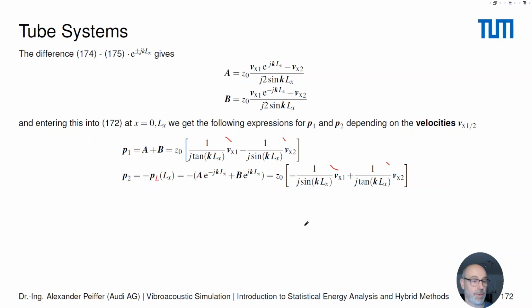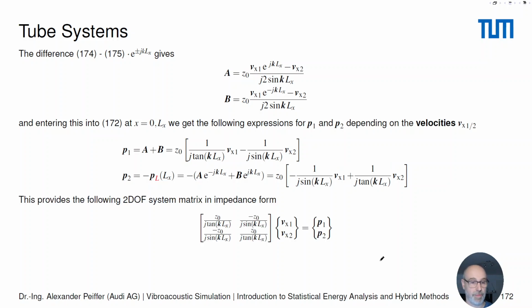We have our pressure formulation, so now we have everything that we would need to write this in matrix form, and this would look like this. So this is the matrix equation for pressure excitation when we are interested in the velocity response of our two-DOF system, considering a tube, or some people also call it the transmission line.